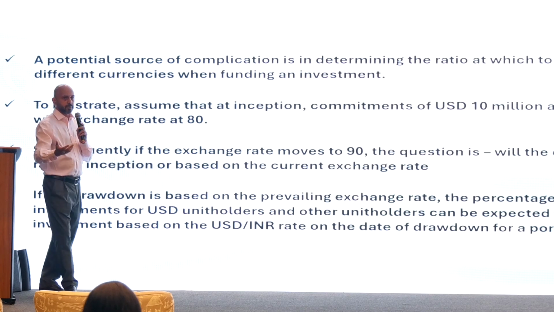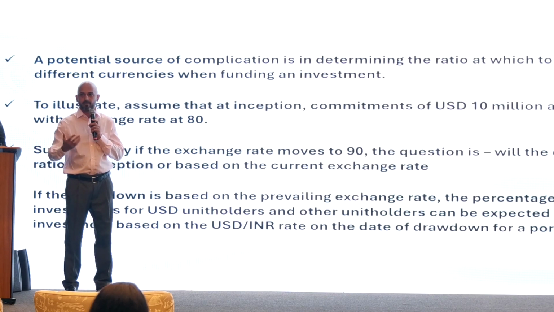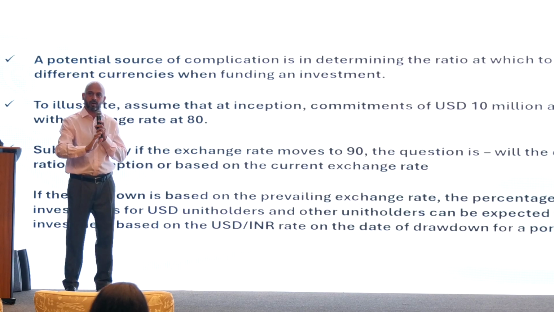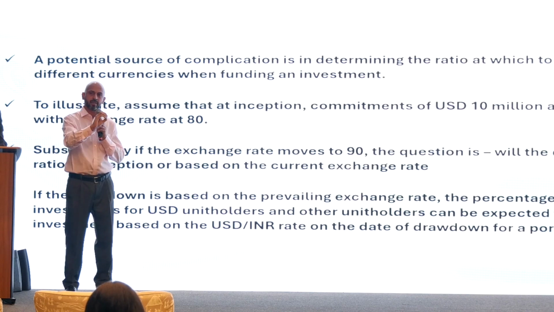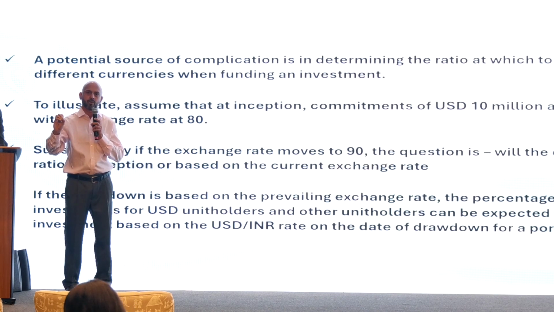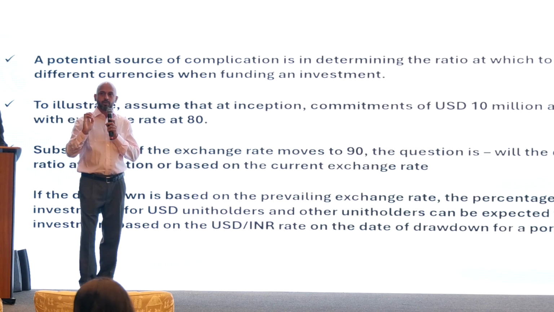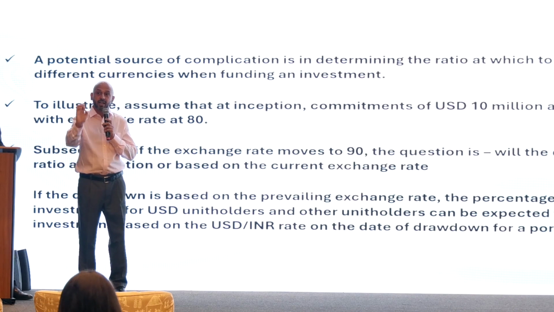The other way to do it is to say that I'm not going to worry so much about the percentage that I'm going to print on my drawdown notice. I'm going to look at what the initial commitment was. Let's say 50% from INR unit holders, 50% from USD unit holders. What I'm going to do is stick to that ratio when it comes to what actually gets invested.